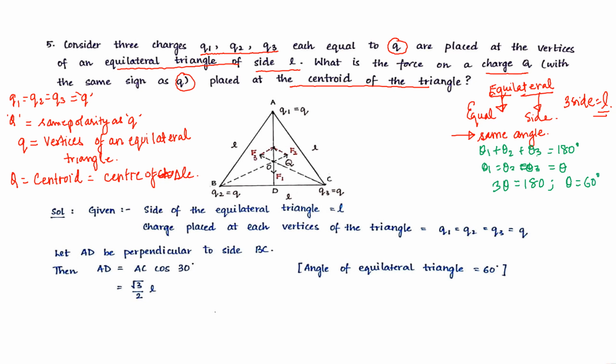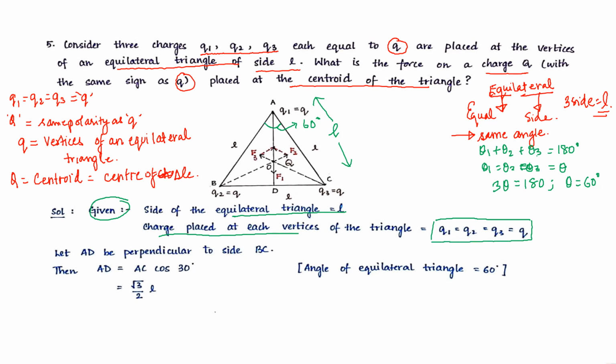So what is the angle of this triangle? It is 60 degrees. What is the length? It is L. Okay, now see what is given. Given is the side of the equilateral triangle is L. Charges placed at each vertex of the triangle are Q1 equal to Q2 equal to Q3 equals Q.